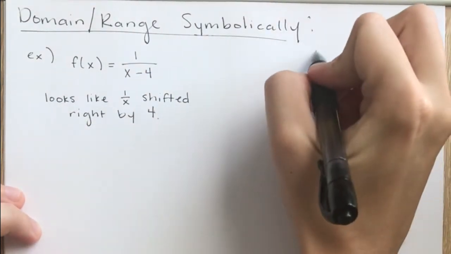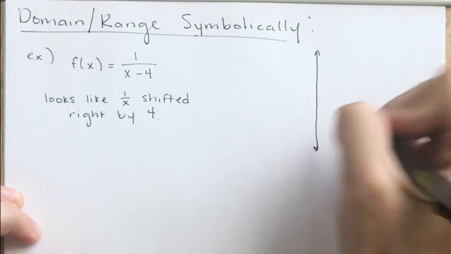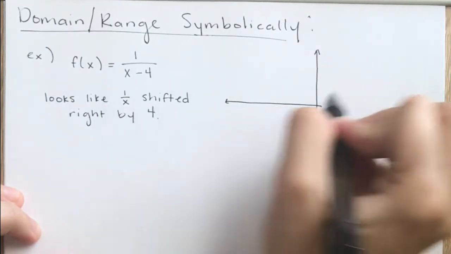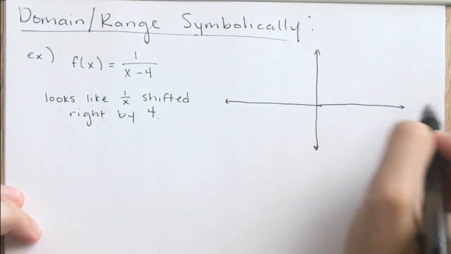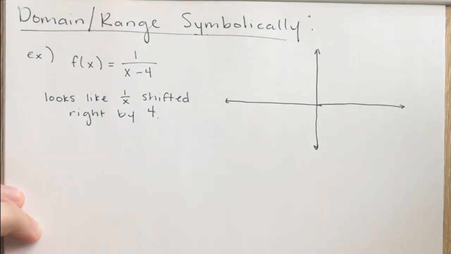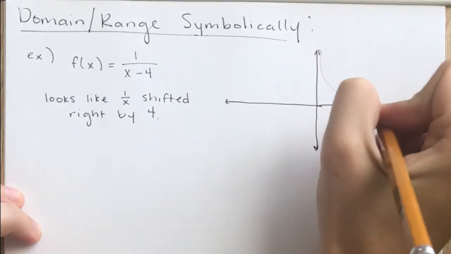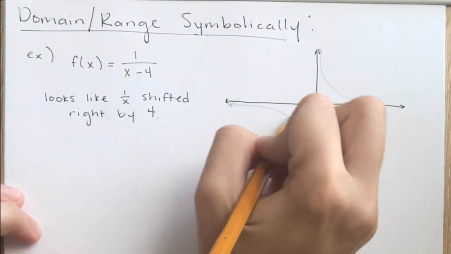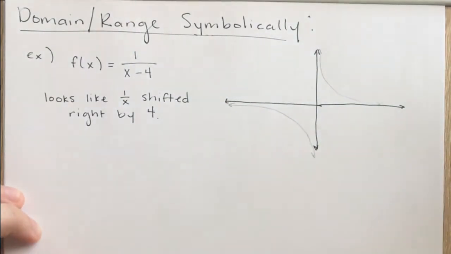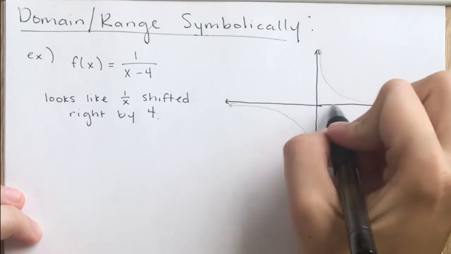So let's go ahead and draw this. I'm going to draw this in pencil: before, our graph of 1 over x looked like this, right? It's very light, it's in pencil, you don't have to draw it. Now we're shifting 4.